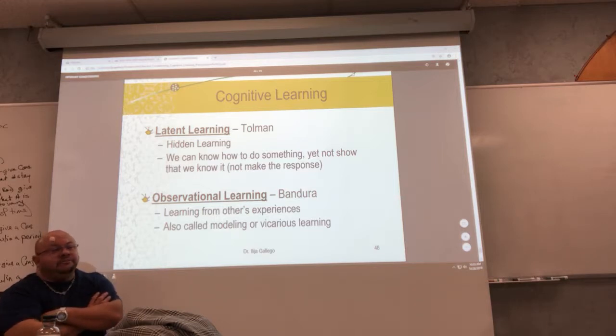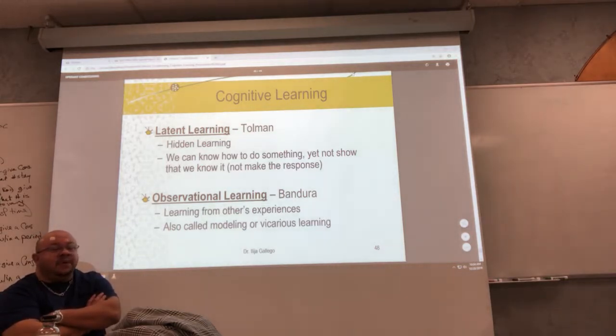And animals too, because they might not be motivated to show it at the moment. Tolman said you can't assume people or animals don't know something just because they don't show it. For example, if the rat goes into the Skinner box and it's not hungry, it may not press the bar, right?